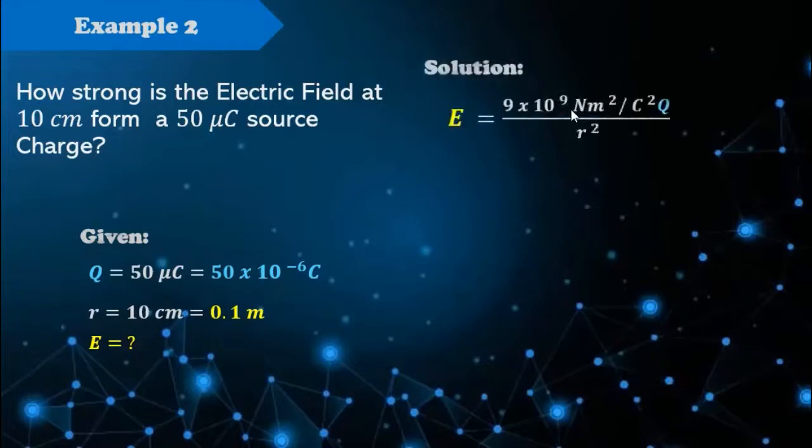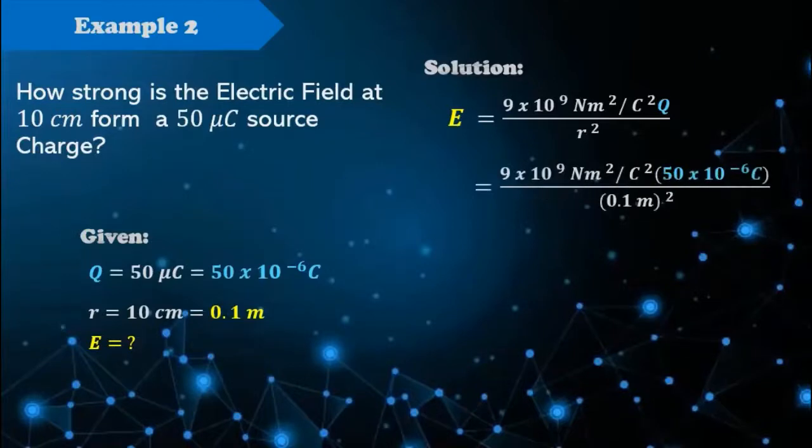9 times 10 raised to the power of 9 newton meter squared per coulomb squared times Q, the source charge, over r squared. Substitute the given we have here and then multiply 9 times 50, we have 450. Simplify 9 and their exponent, 9 and negative 6, that's 3, newton meter squared per coulomb squared, coulomb, over 0.01 meters squared.